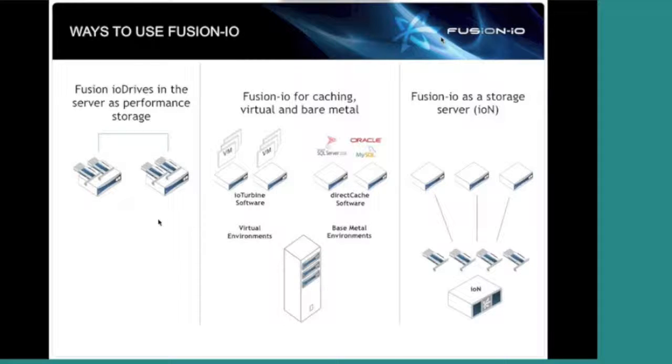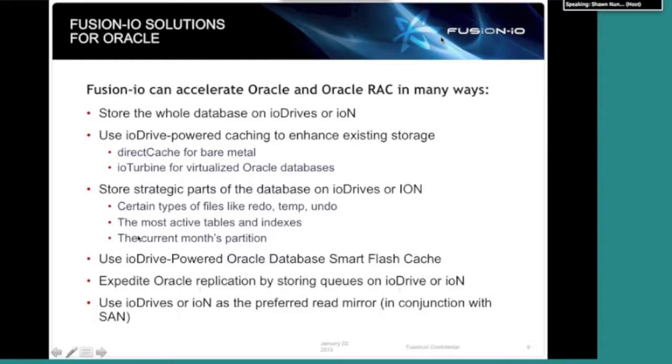But you can also take this memory platform and apply it towards caching of data on your existing storage. This speeds up I/O tremendously inside VMs as well as for bare metal servers. And there's a third way to deploy us, which is actually as a storage target on a LAN, where you take our standard cards, put them in a standard server, and wrap our Ion software around it, and it becomes a very fast LUN on the storage network.